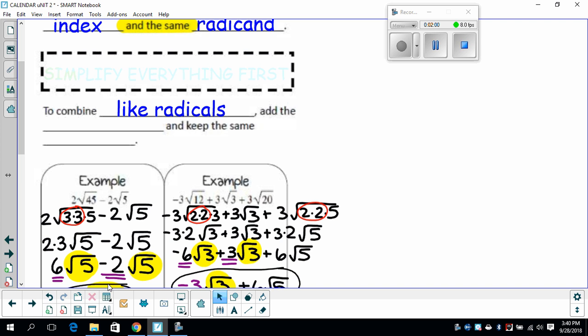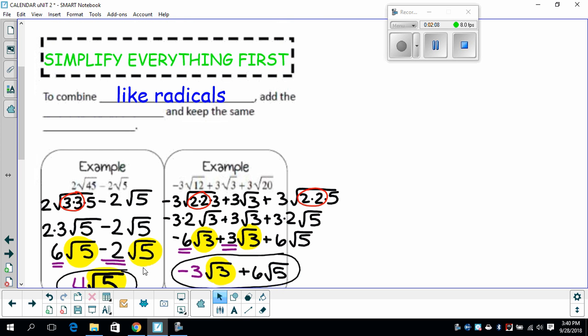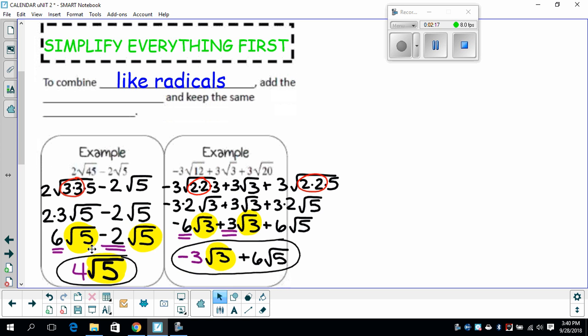And then we multiply, and the 2 times 3 gives us 6 times the square root of 5 minus 2 times the square root of 5. So we have exactly the same radical and index and the same radicand. Because of that, we can combine them by adding or subtracting our coefficients. So that's how we got 4, and keeping the radical exactly the same.